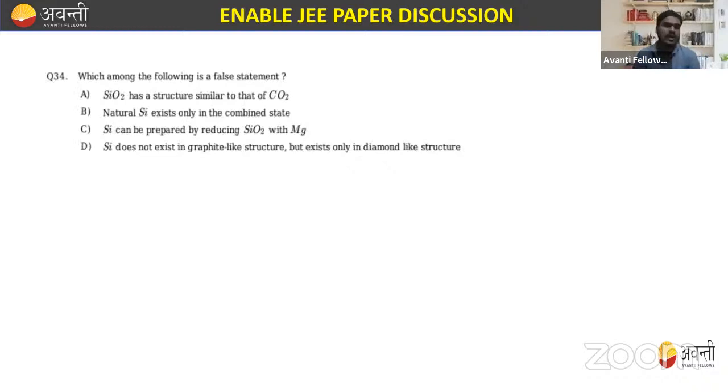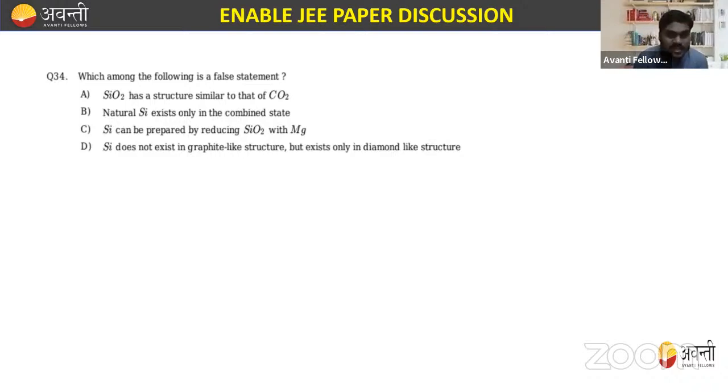Okay. Now, moving to this question, that is which among the following is a false statement. So you have to identify, beta, the false statement. SiO2 has a structure similar to that of CO2. Is it true? Next, natural Si exists only in the combined state.